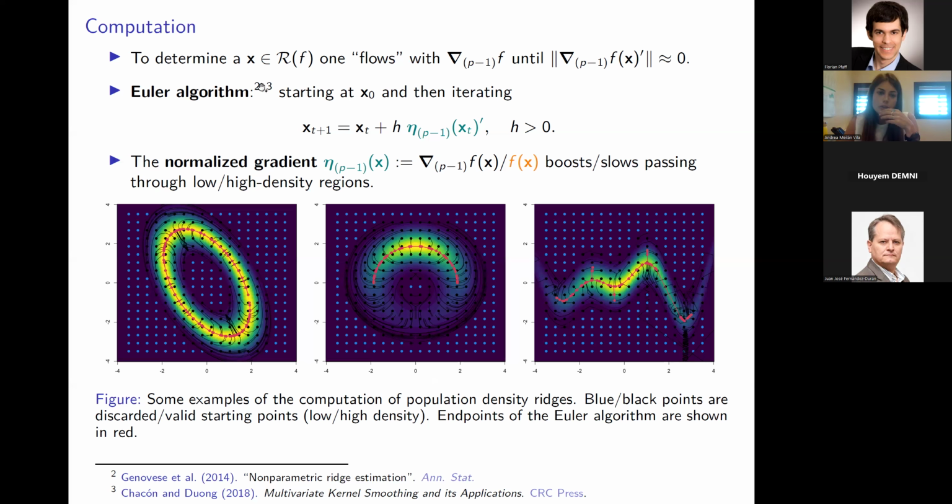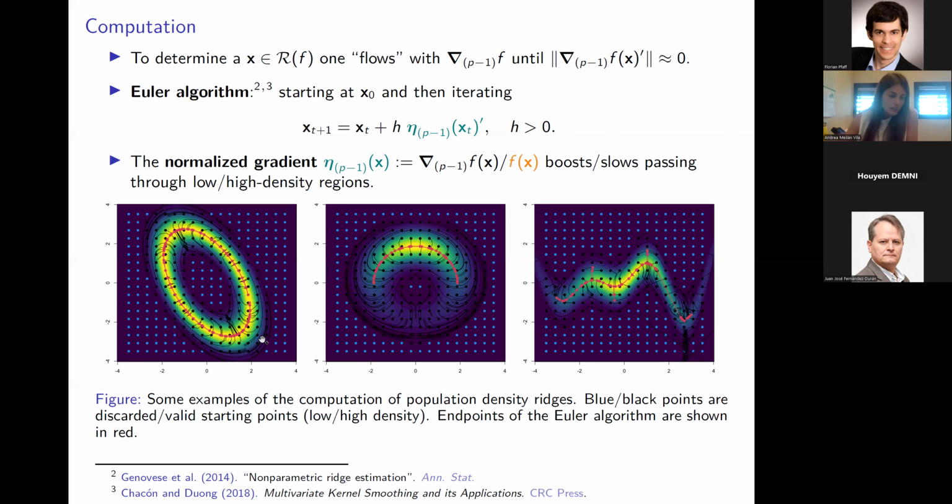In this algorithm, we start with a point and then iterate until convergence. In the iteration, notice that we have to consider this parameter eta and also this normalized gradient. This gradient boosts pacing through low density regions and slows pacing through high density regions.